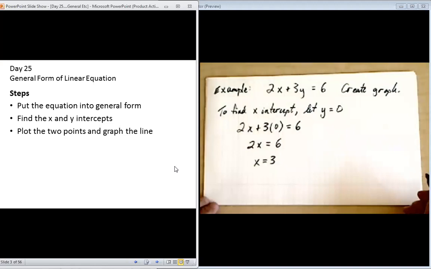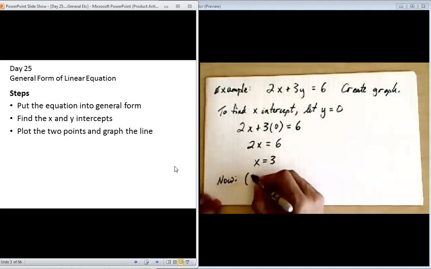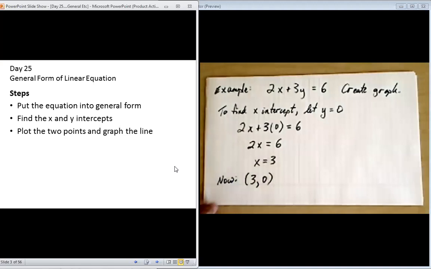And so now we know that the x-intercept is going to be at the point 3 goes first, and then 0 for the y value. Because when y was equal to 0 back here at the start, x is equal to 3.